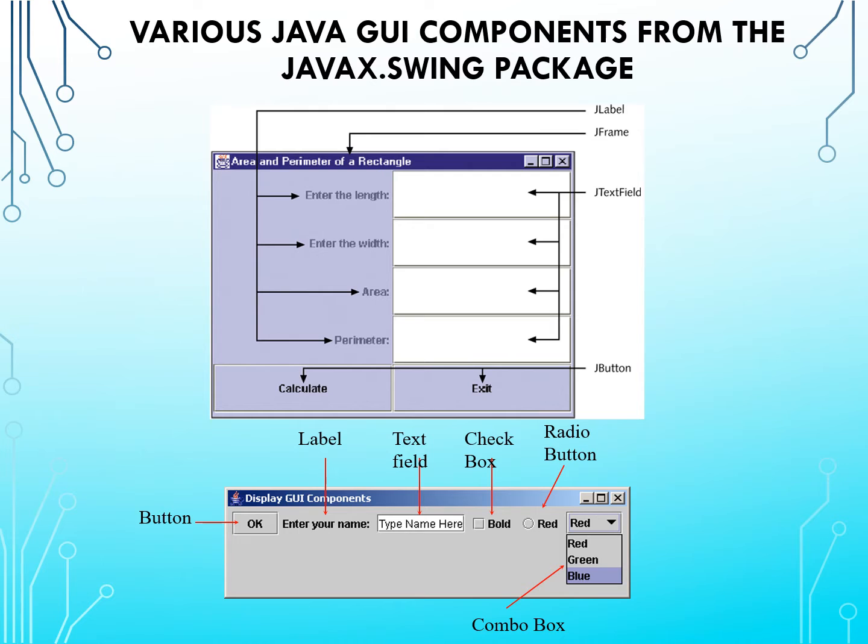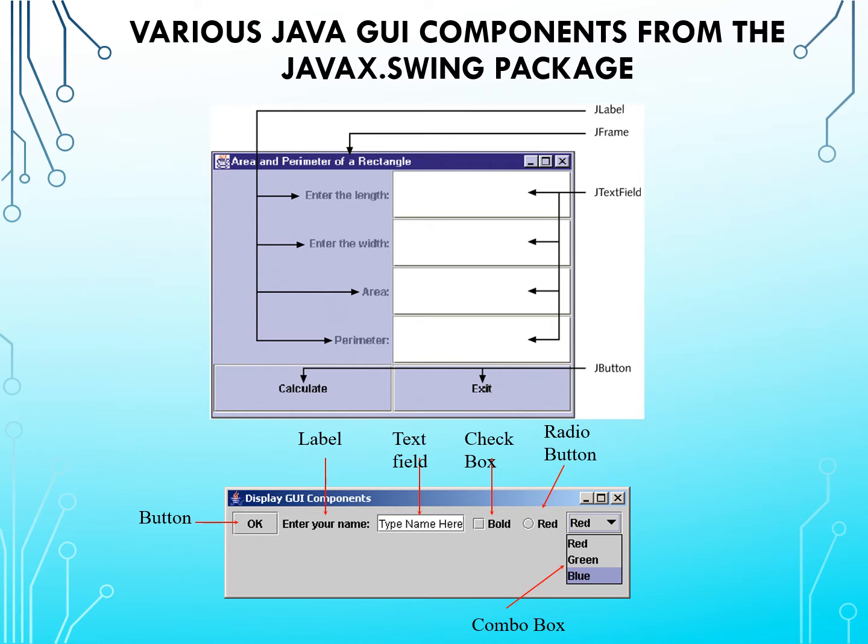The area where you can put in the inputs is called JTextField, and then these are the buttons. The window is called JFrame, and then you can have labels, which are fixed text, and then you can use checkbox, radio button, or combo box.